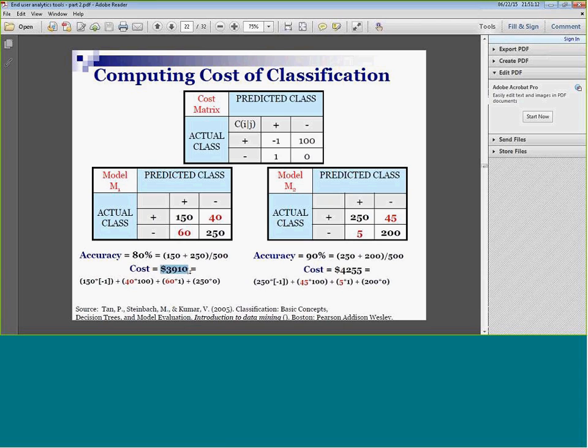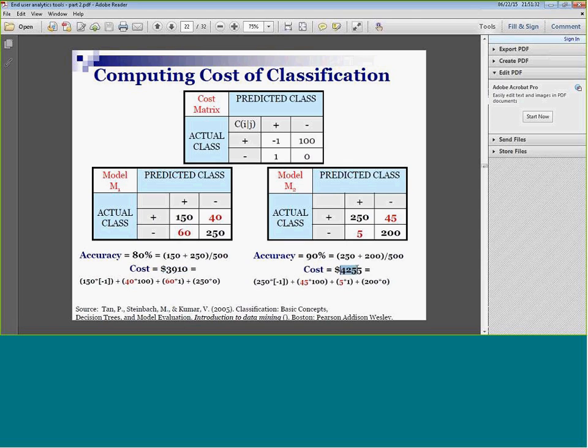Remember, it's cost, so lower is better. If we go over here and say, well, the 250 here, that's really good. We made $1 on each of those. The 45, we lost $100 on each of those. The 5, we lost $1 on each of those, and the 200 didn't cost anything.